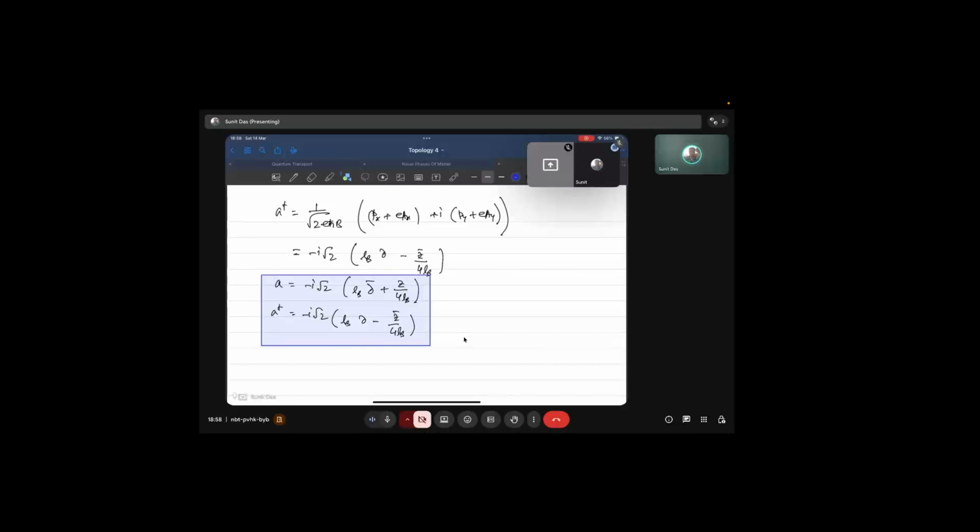So these are the relations we found, where l_B is the root of h bar by eB, which has a unit of length scale and is also called the magnetic length scale.